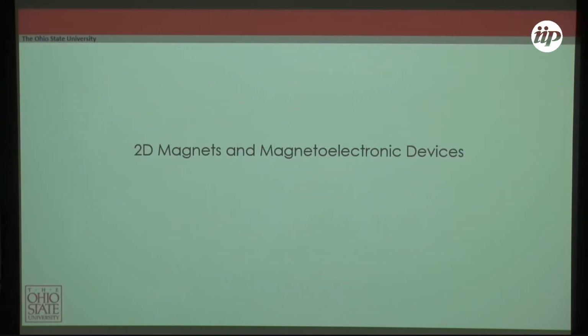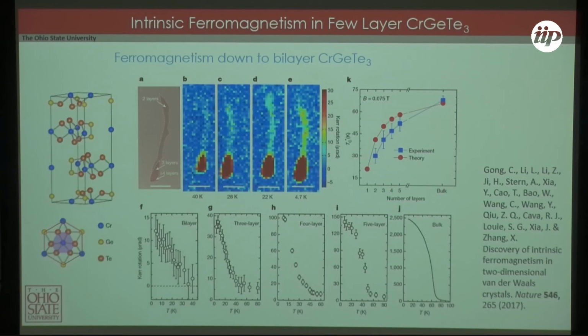Okay. All right, let me talk about 2D magnets and magnetoelectronic devices. I want to start with a pair of papers that came out in Nature a couple of years ago, out of the Berkeley group. They looked at CGT, which is ferromagnetic in the bulk, and they exfoliated it down, at least in the experiment all the way down to 2 monolayers, and they used magneto-optic Kerr effect microscopy.